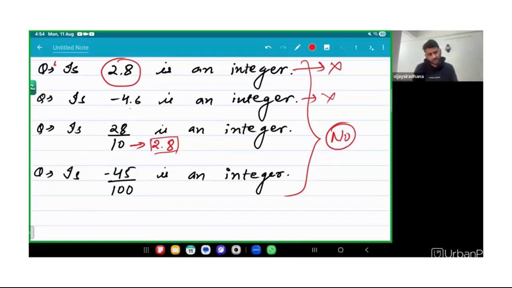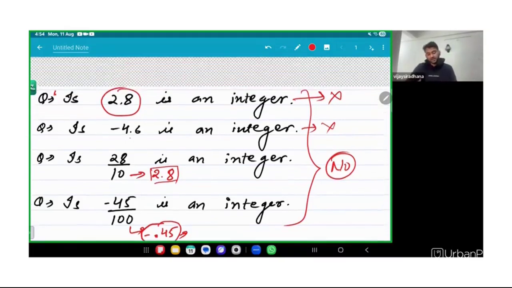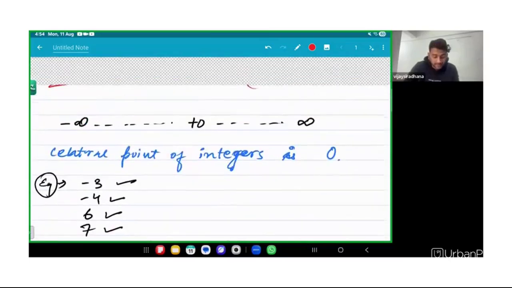Question number four is a negative counterpart. Both numerator and denominator are natural numbers, but if we simplify it, we get -0.45, which is not a natural number. So we'll say that it is not an integer, right? So this is the main thing about integers.